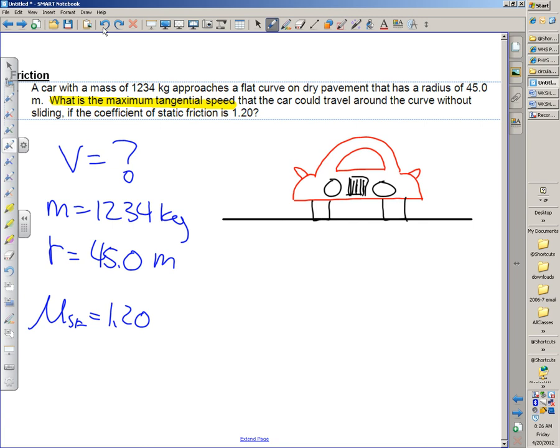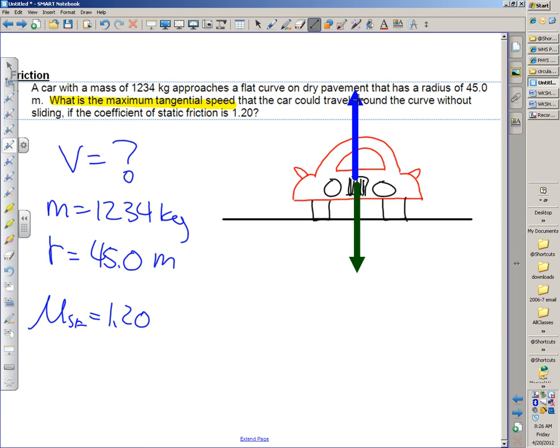If we look at the forces that are acting on this car right now, there are three of them. What's the first one that we can start with? Gravity's still got to be there, regardless of the fact that this object is turning. There has to be a normal force, because the acceleration is a left and right acceleration.